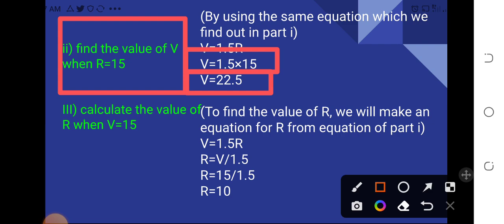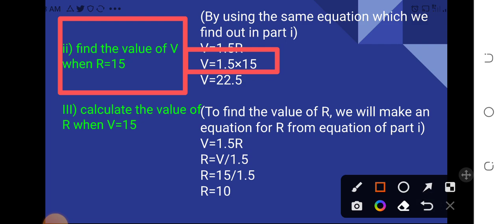Now we will move to the next part of this question, which is: calculate the value of R when V is equal to 15. This is the third part of this question. We have to find out here the value of R, and they have given us the value of V, which is 15. Now we have to change the equation, because in this part we have to find out the value of R. So for R we will first make an equation.